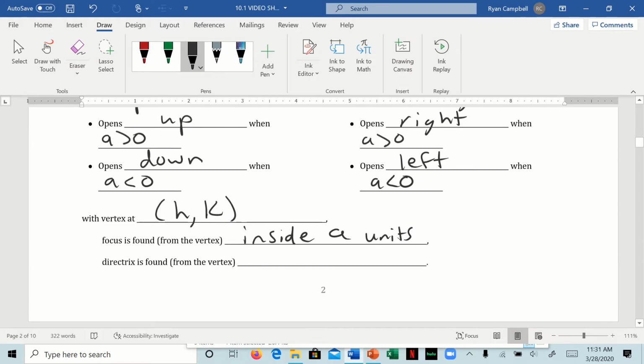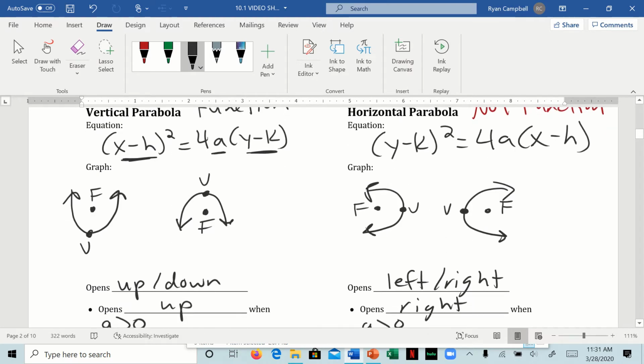And likewise, since everything has to be equidistant, the directrix is going to be found by going outside a units. So we go inside a to get F, the focus, and we go outside a to get the directrix.